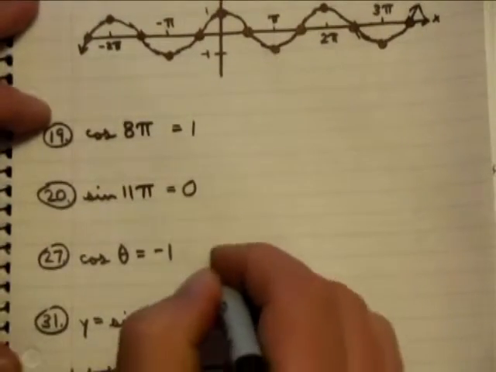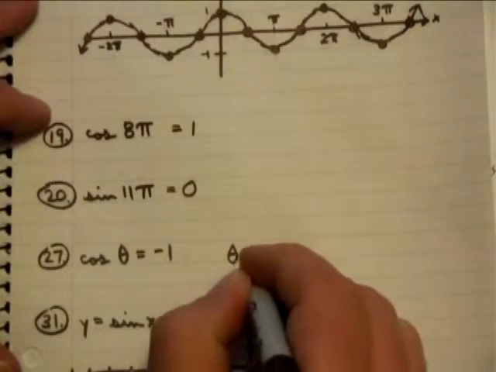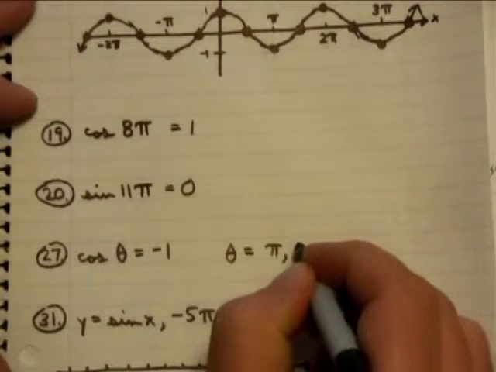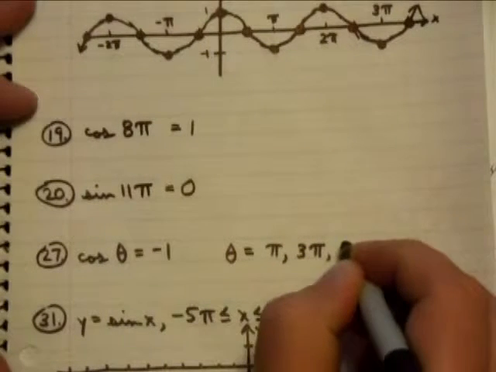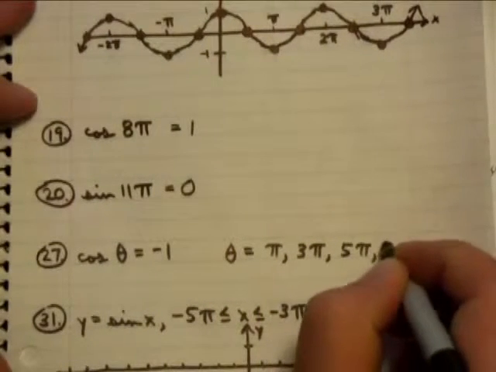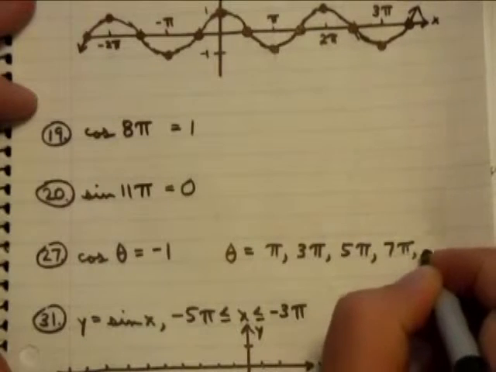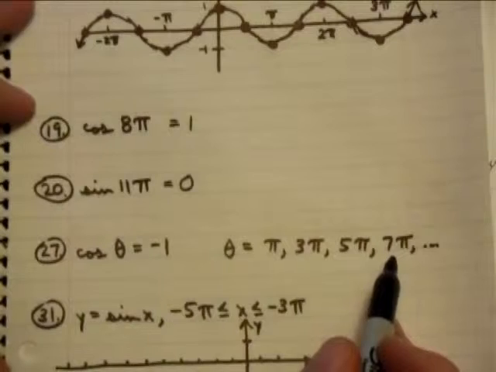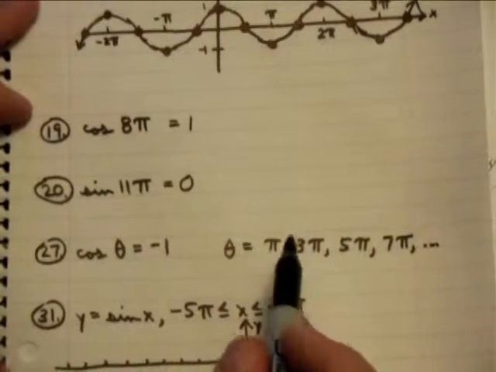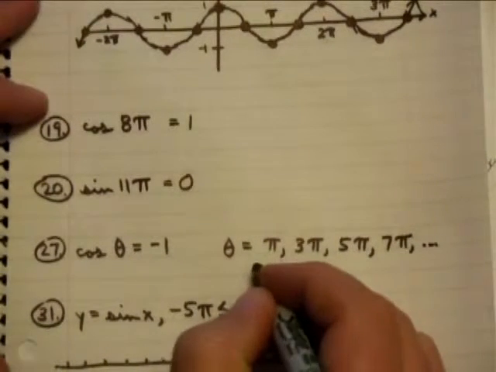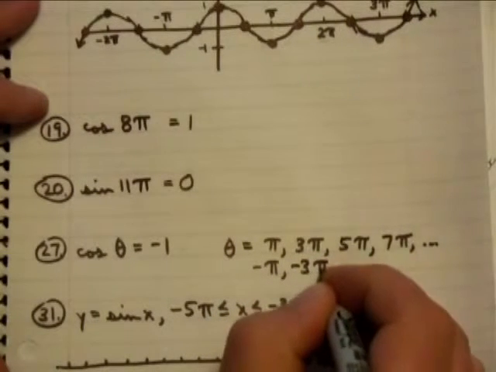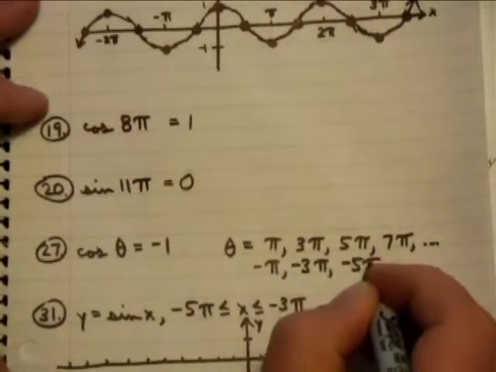So in other words, a solution for theta for this equation would be pi, 3 pi, 5 pi, 7 pi, and so on. Basically any odd multiple of pi, and of course that also includes the negative odd multiples as well. So negative pi, negative 3 pi, and so on.